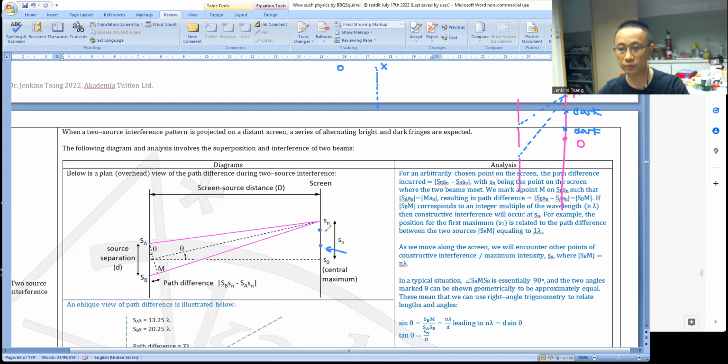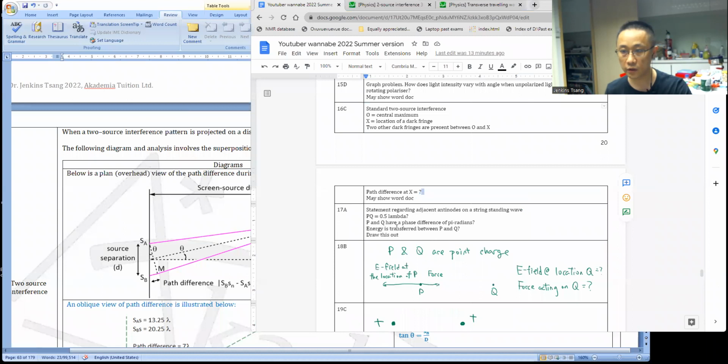Like the first maximum path difference is 1 lambda. The second maximum, 2 lambda, and then there should be a third maximum somewhere over there. And then for the point X within the question, it should just be 2.5. And the answer is A, I think. Is it A? No, actually, the question 16. The answer is C, my bad.